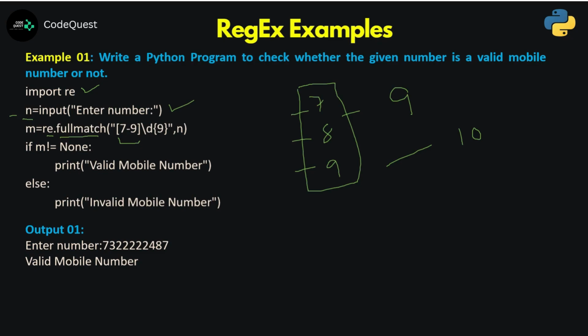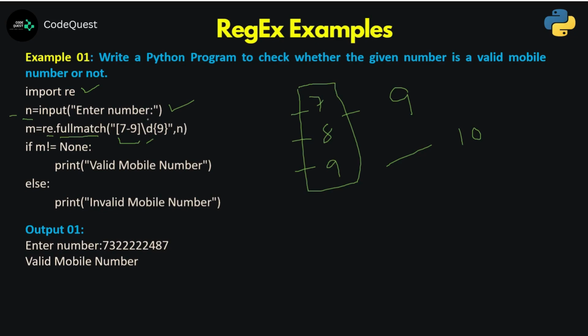I mean 7 is also included, 9 is also included, and apart from that, 8 is also included. So any digit among 7, 8, 9, all these 3 digits are allowed because we have given 7-9 within square brackets. Now this \d is going to match only digits.